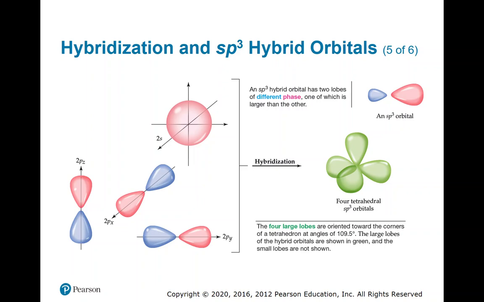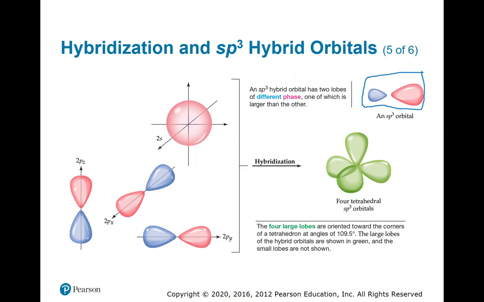So when we combine these, we're going to get some new orbitals, 4 new orbitals, the tetrahedral sp3 hybrid orbitals, where the positive phase of the orbitals is a little bit larger and the negative phase is smaller. And so we get a shape that looks like a p orbital, but we shrank the negative phase and we grew the positive phase.